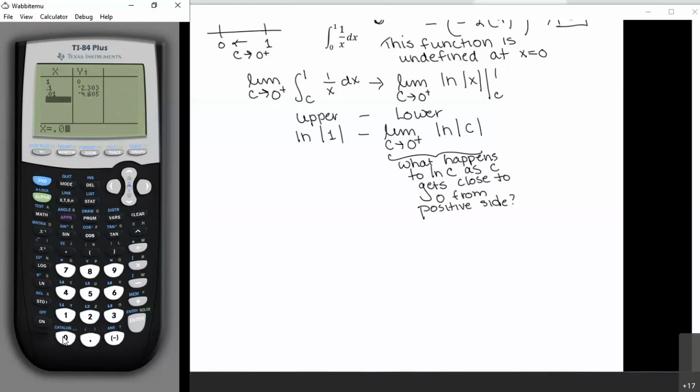How about 0.0001? 0.12345. What's happening to the y values as x gets close to 0?